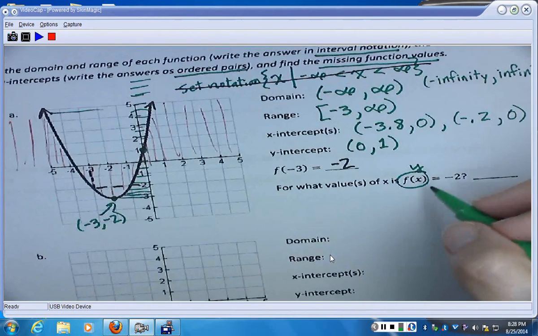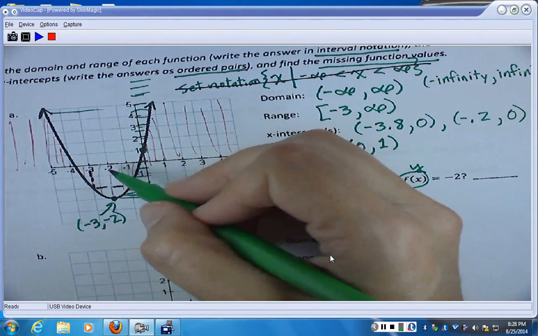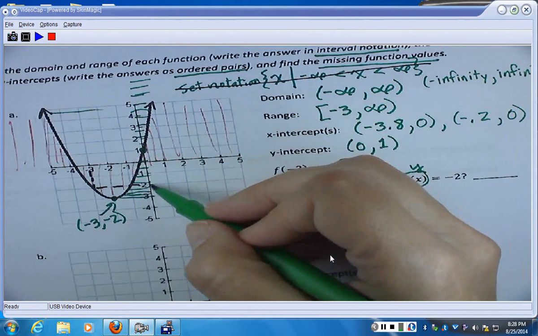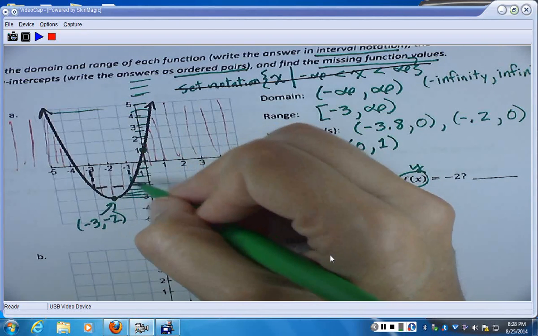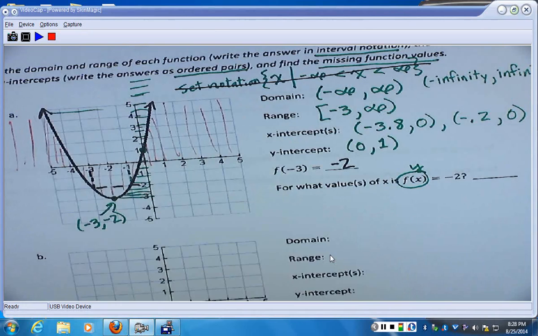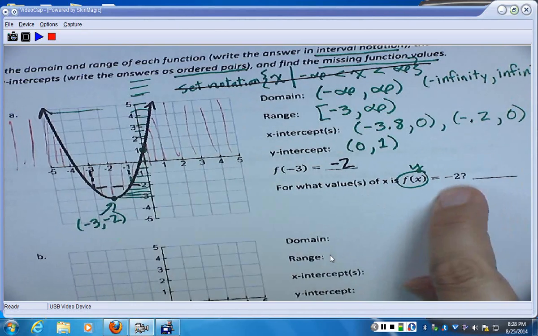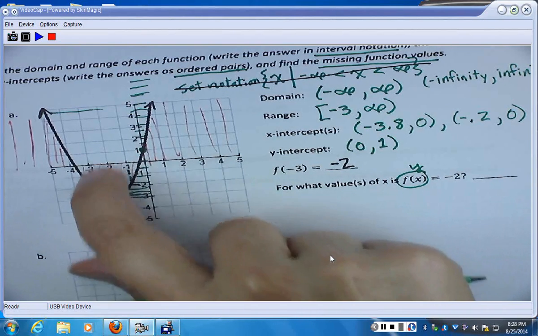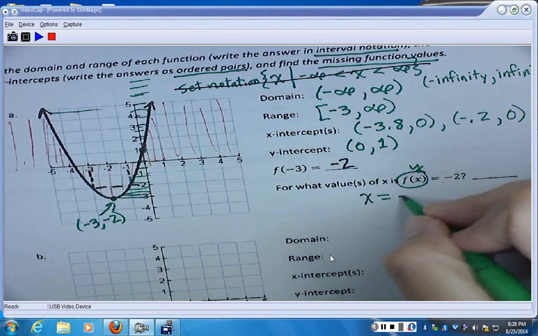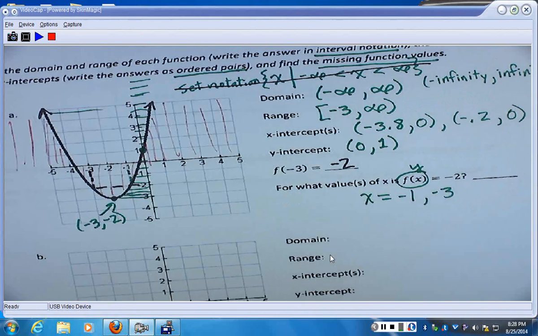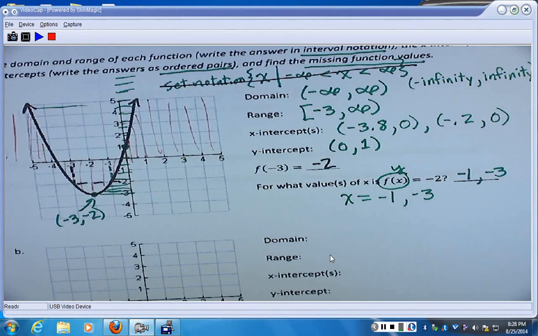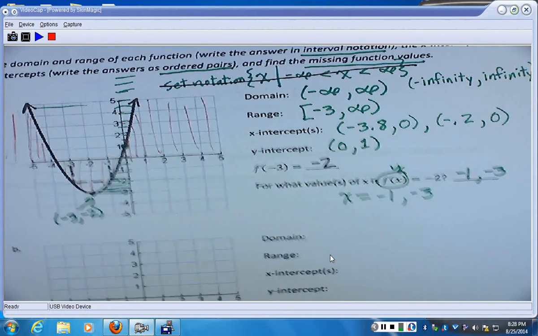So when y is negative 2, x can be negative 1 and negative 3. Or you could put in this blank, negative 1, negative 3 with a comma, because I do have a blank there. So that's fine.